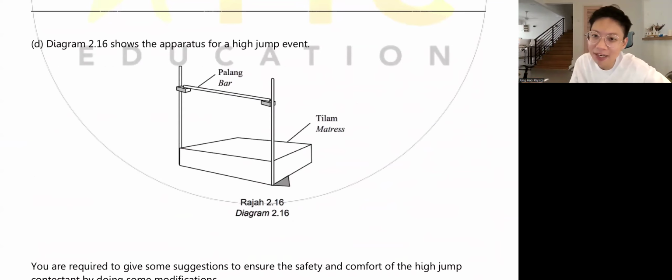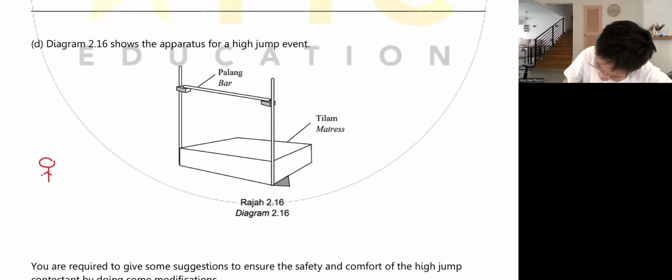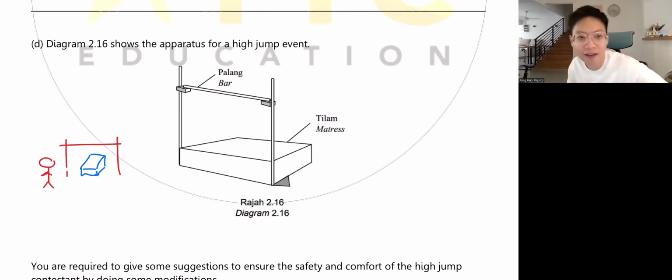Okay. Imagine if this is you, and suddenly you have a Mission Impossible. You have to jump, but you can only land on a single bed like that. And guess what happened that day?